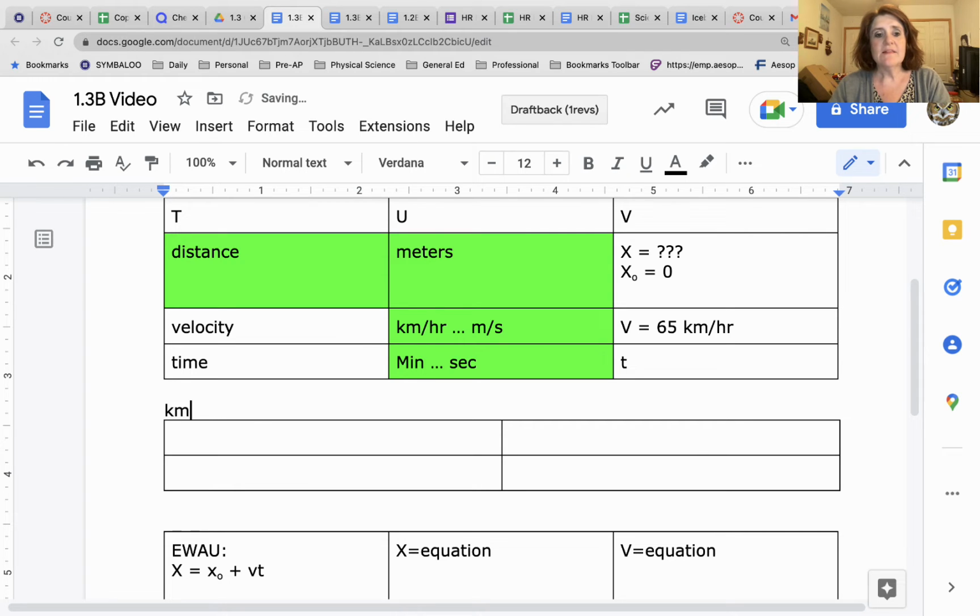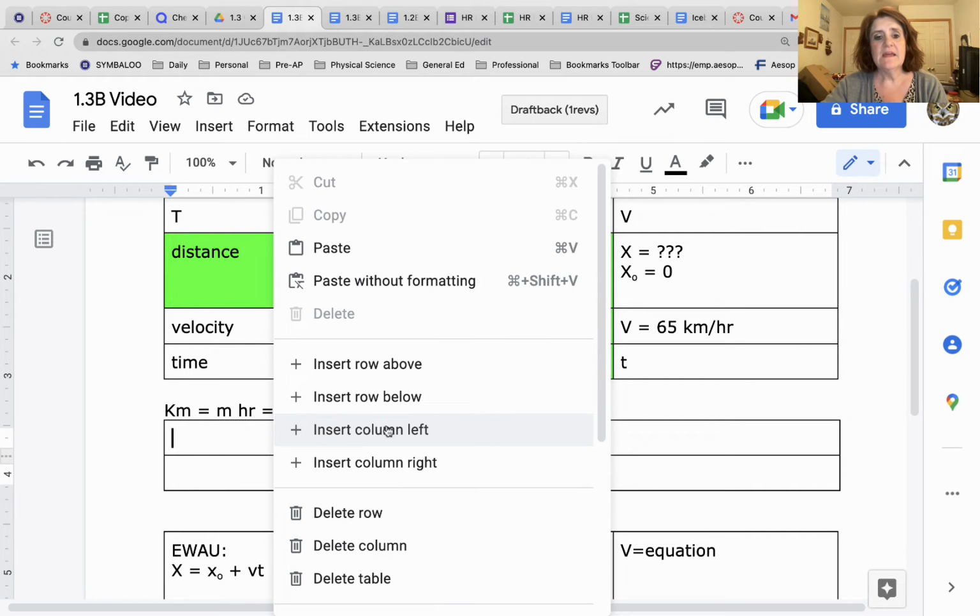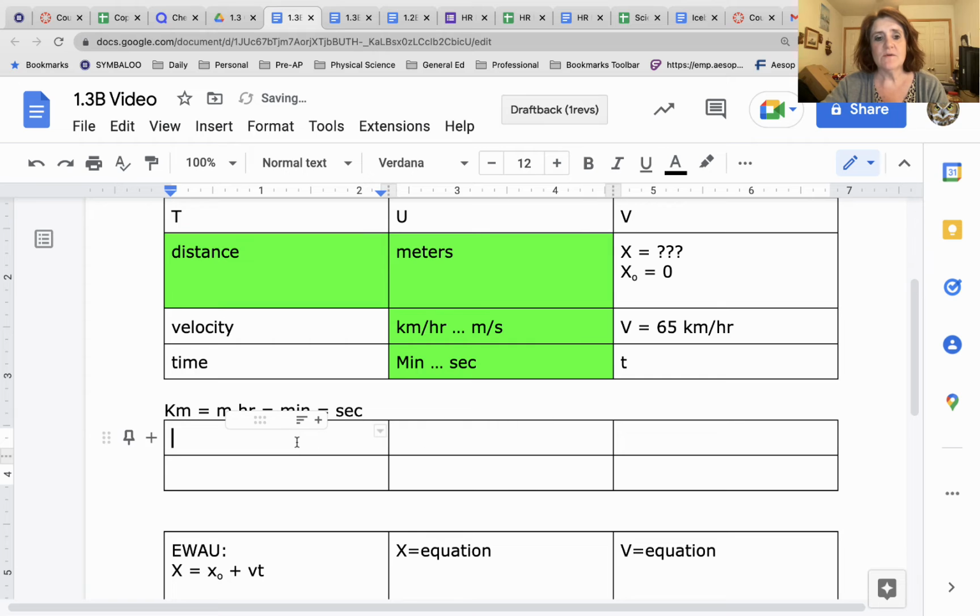So my kilometers will turn into meters, and my hours will turn into minutes, which will then turn into seconds. So I need kilometers to meters, that's one, hours to minutes, and minutes to seconds. So I need 3 conversion columns.